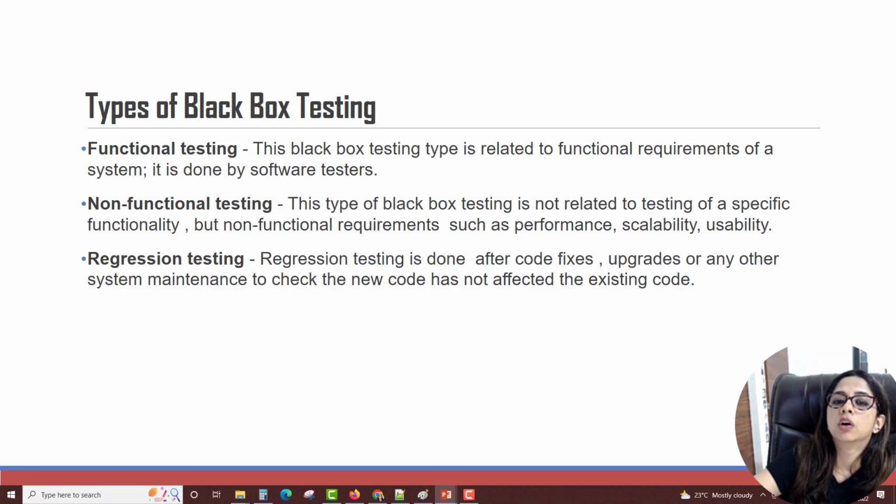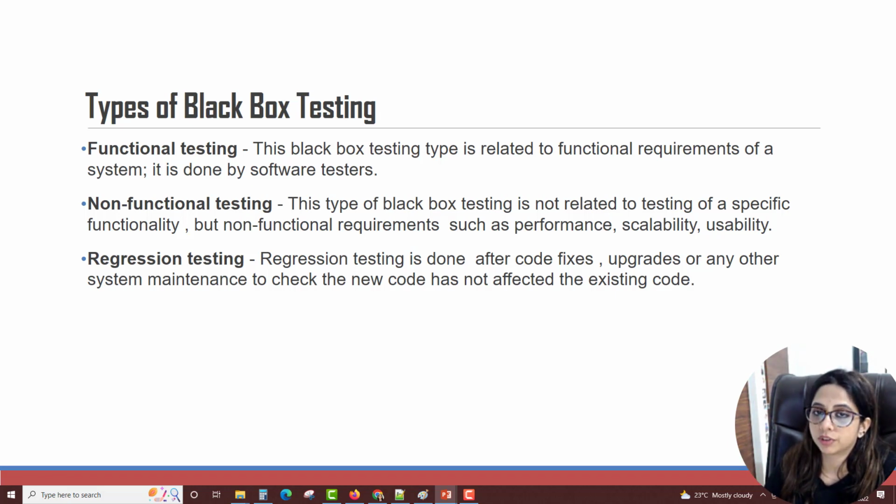So what are the types of black box testing? We do functional testing. What is functional testing? Whenever we try to test the functionality and the functional requirements of a system, it is called functional testing. Non-functional testing is a type of testing wherein we are more concerned about the non-functional aspects of the system, such as performance, scalability, volume, and usability, things like that, which are not related to the functionality of the system.